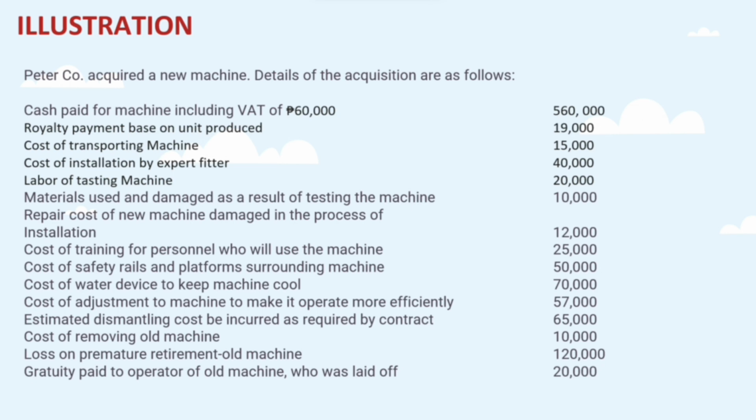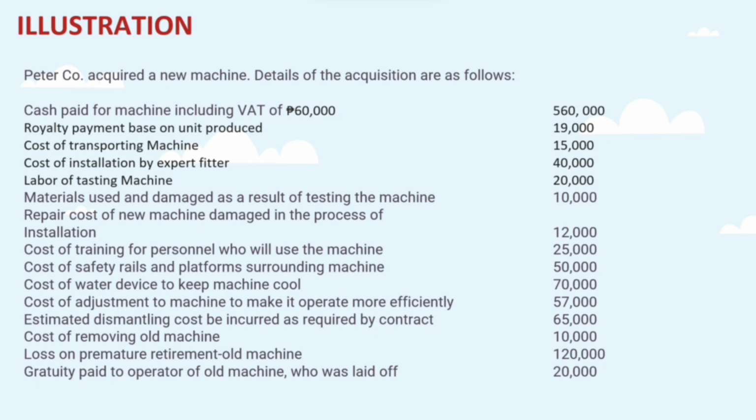And the only entries that should not be included are royalty payment based on units produced, repair cost of new machine damage in the process of installation, cost of training for personnel who will use the machine, and cost of removing old machine, loss on premature retirement old machine, gratuity paid to operator of old machine who was laid off.